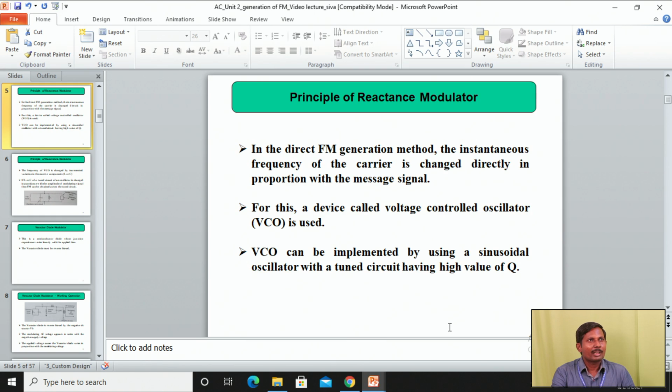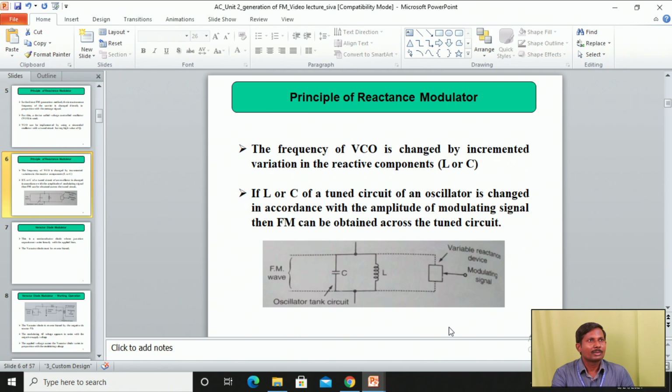Next, principles of reactance modulator. In the direct FM generation method, the instantaneous frequency of the carrier is changed directly in proportion with the message signal. For this, a device called voltage controlled oscillator is utilized. The voltage controlled oscillator can be implemented by using a sinusoidal oscillator with a tuned circuit having a high quality factor. The frequency of the voltage controlled oscillator is changed by incremental variation in the reactive components.